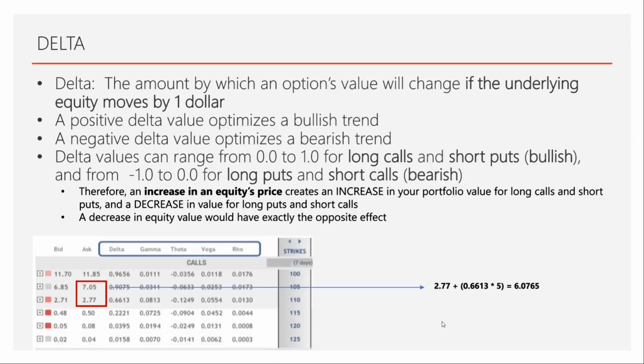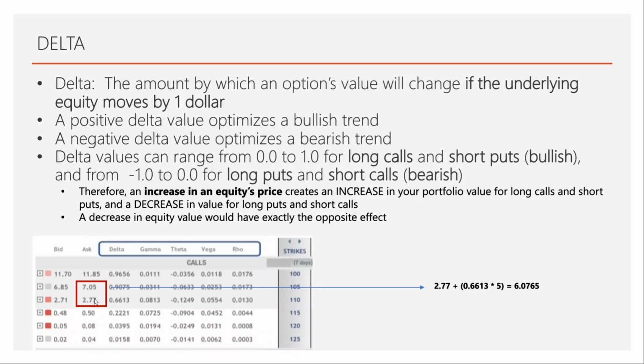You may get a question: my derivation is only 6.0765 and here the actual amount is 7.05. Why is there a difference? I'd like to reiterate here, options price is not only because of delta's impact. There are many other components for options price: time value theta, implied volatility vega, interest rate rho, all contribute to the options price.